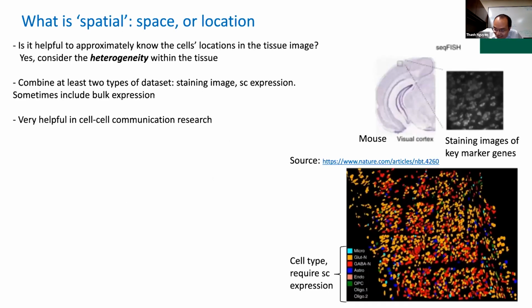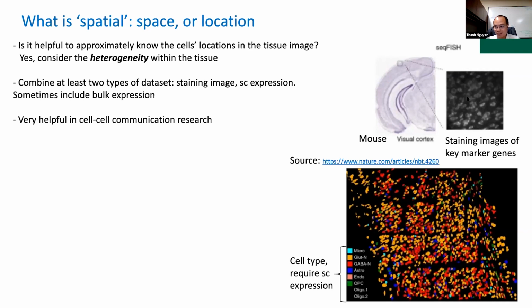So, number one, what is spatial? It is space. So where does this come from? There is a Nature paper, I put it over here. They have the tissue image, that is the visual cortex of the mouse. They capture a snapshot of this tissue, and select a little region over here for the staining image.